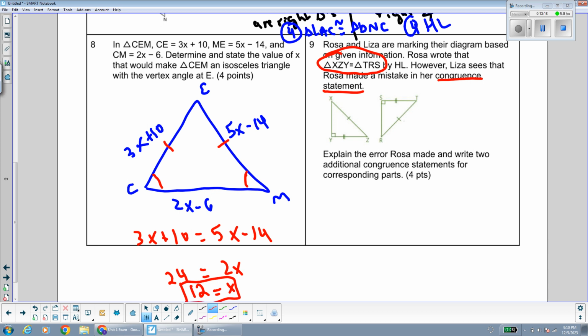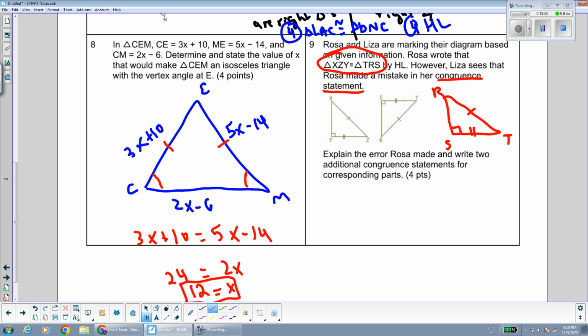If you redraw this triangle over here so it's facing the same way as XYZ, notice how this should be R, this is S, and this is T. So now we can see X should match up to R, but that's not here in her statement.